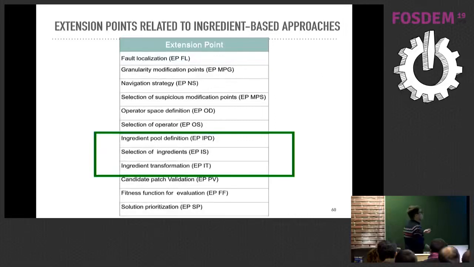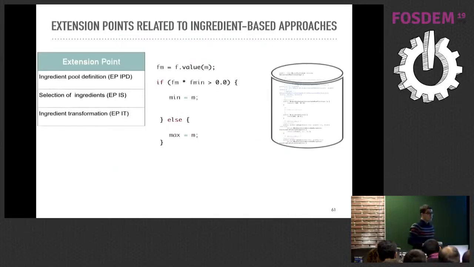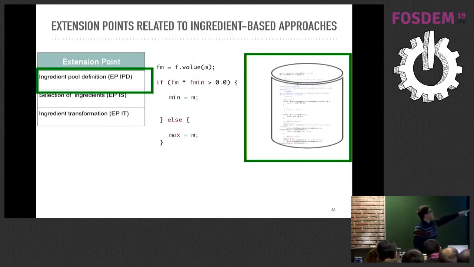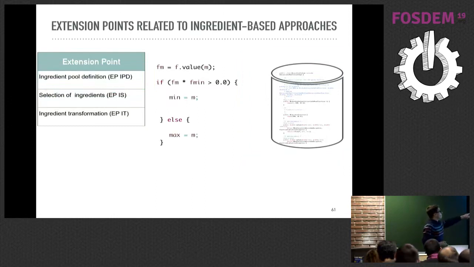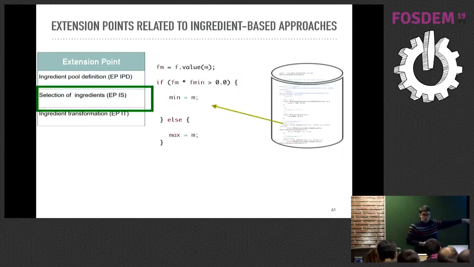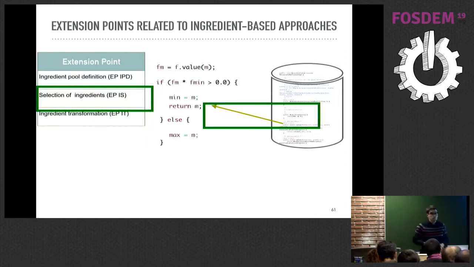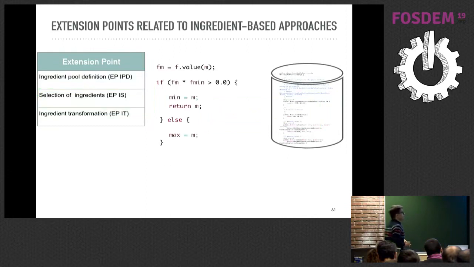So this extension point allows creating different strategies for creating the ingredient pool. That means creating this database of possible ingredients that we will use to create the patch, selecting one of them, and transforming this ingredient, for instance, to replace the variables that are not in scope.